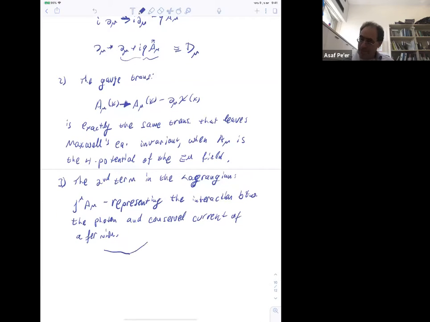Exactly what we have here. We did that. Come on, guys. Isn't that beautiful? So A mu is a photon, and we just showed that the gauge principle, when applied to Dirac particles, leaves us with an electromagnetic interaction between a photon and a fermion.